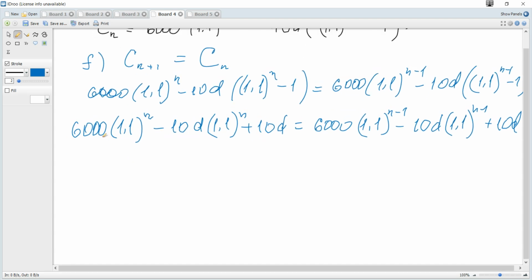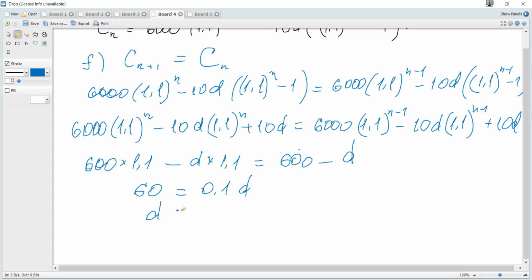We can divide each term by 10, and divide each term by 1.1^(n-1) to get finally that 600 times 1.1 minus d times 1.1 is 600 minus d. Then this to the left, this to the right, and we get 60 is 0.1d, hence d is 600.